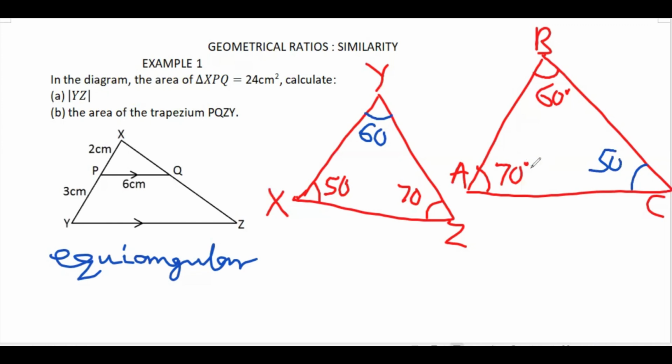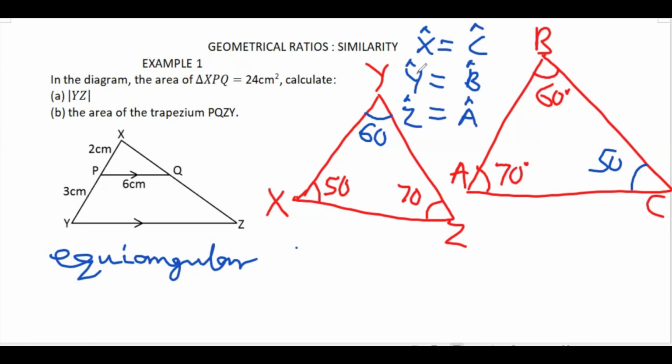We now use the angles to arrange the letters. In triangle XYZ, angle X equals 50, and that equals angle C. Angle Y, which is 60, equals angle B in the second one. And angle Z, which is 70, is the same as angle A in the second triangle.